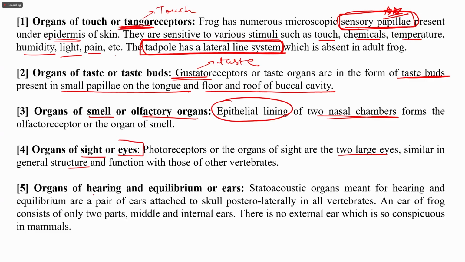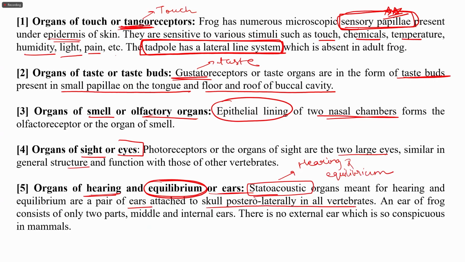Then we have organ of hearing. One very important thing is that the ear not only acts as an organ of hearing, but also helps in maintaining the equilibrium. So statoacoustic organs mean for hearing and equilibrium. They are a pair of ears which are attached to the skull posterolaterally in all vertebrates.